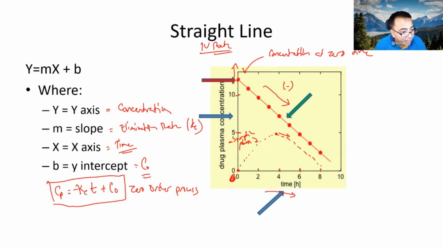So now, going back here, class, to our straight line. Obviously, only the data on the y-axis follows the logarithmic scale. The x-axis stays the same. So if I'm going to convert this data into a first-order process, all the data on the concentration side, all the data on the y-axis, should be converted to have a logarithmic expression.